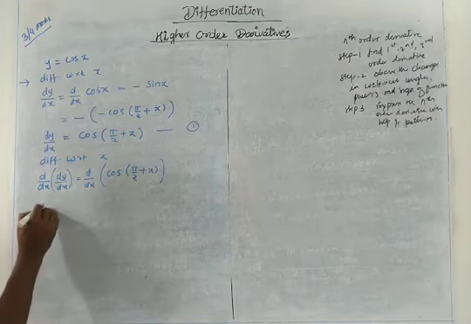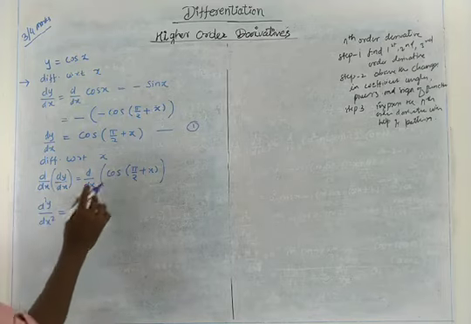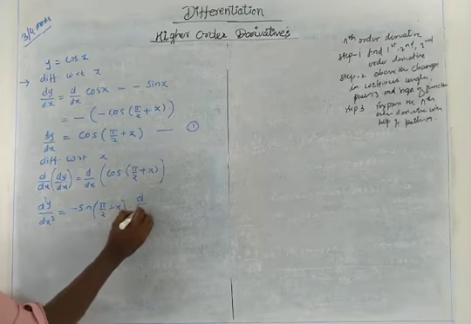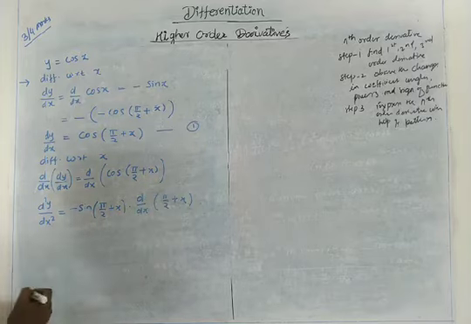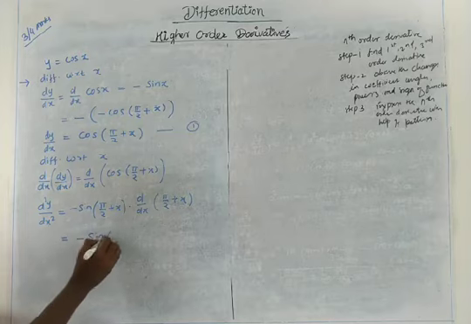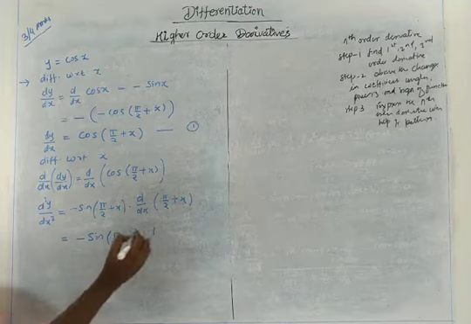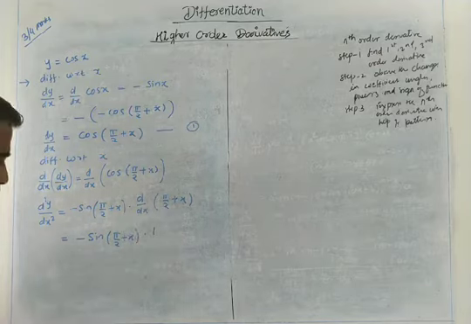So d square y upon dx square is equal to derivative of cos is a minus sine of pi by 2 plus x into the derivative of pi by 2 plus x, is equal to minus sine of pi by 2 plus x into 1. Derivative of pi by 2 is 0 and derivative of x is 1.